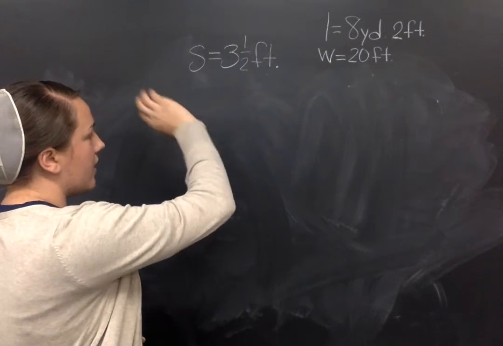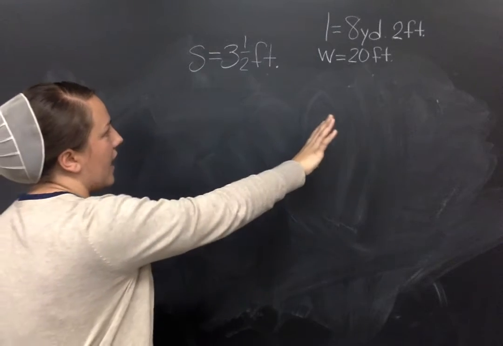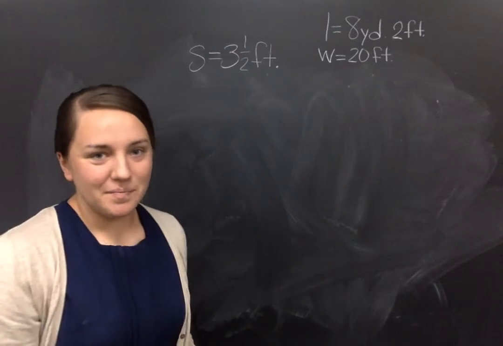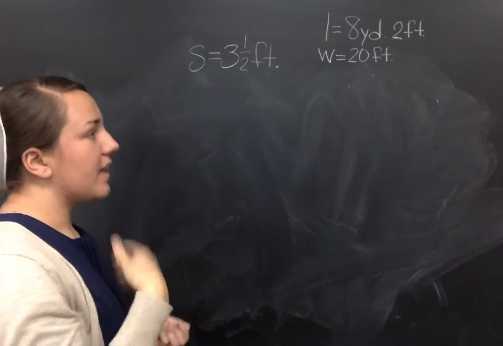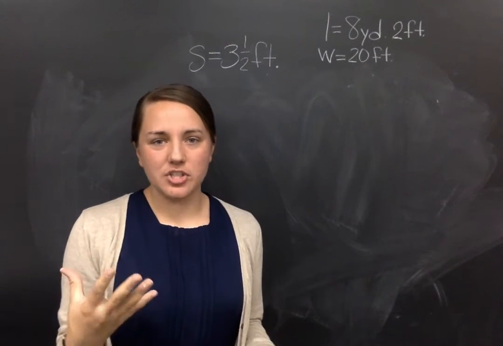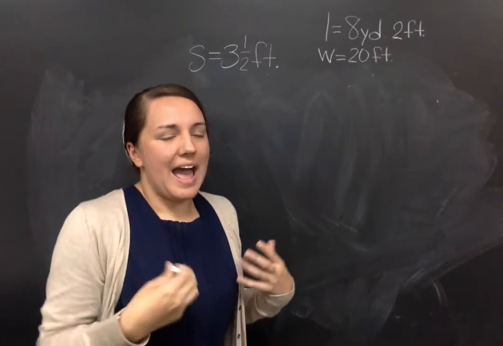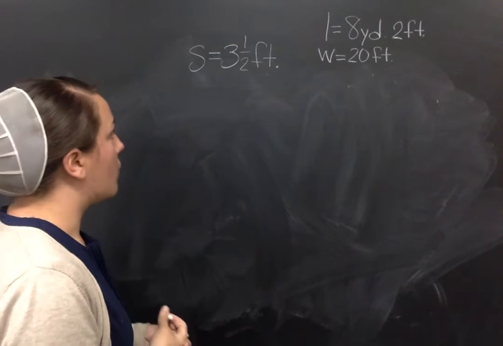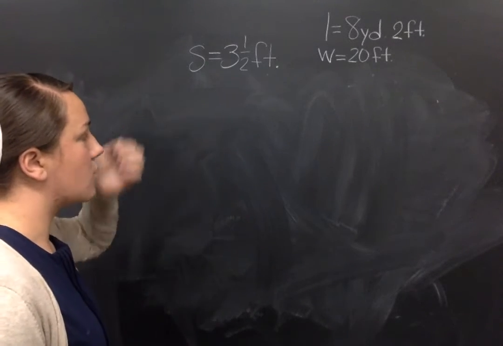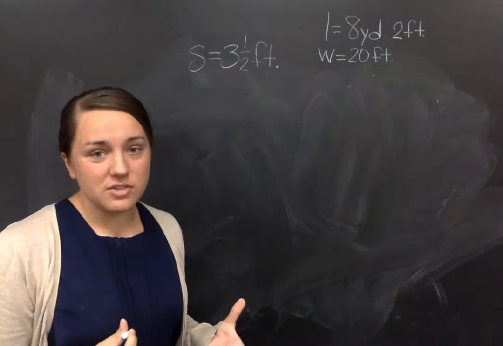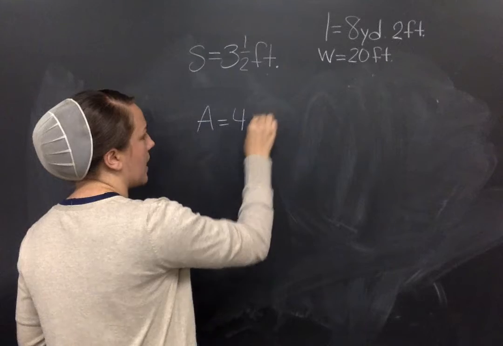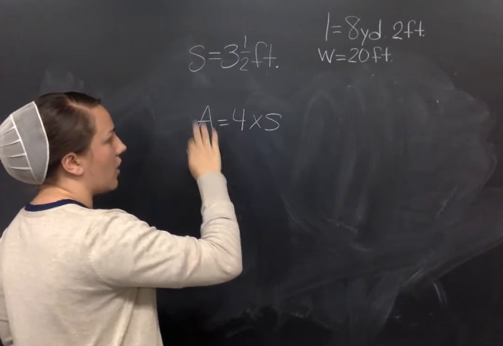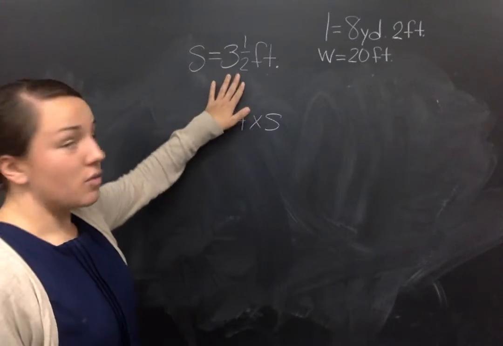Okay, last of all here, what about when we're finding area and we're finding perimeter? Remember, we've worked with this a lot recently, so think through what you're doing and how the shapes work and how the formulas work. So if we want to find the area of a square, we know that all 4 sides are the same, so we simply go A equals 4 times S. So here we go, A equals 4 times 3.5.